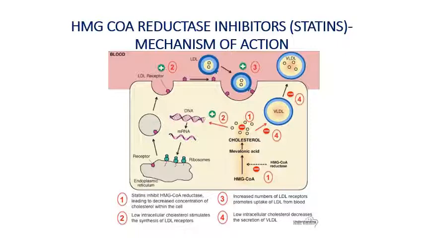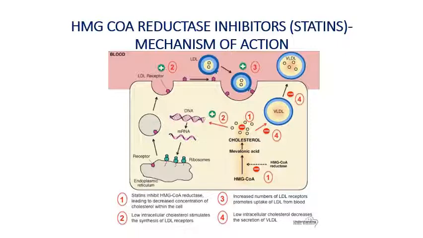By inhibiting cholesterol synthesis, it triggers a compensatory mechanism which causes increased recruitment of LDL receptors. Inhibition of cholesterol synthesis causes a positive feedback mechanism, thereby increasing the synthesis of LDL receptors so that more LDL is recruited from plasma to the liver, thereby reducing the LDL levels in the blood.